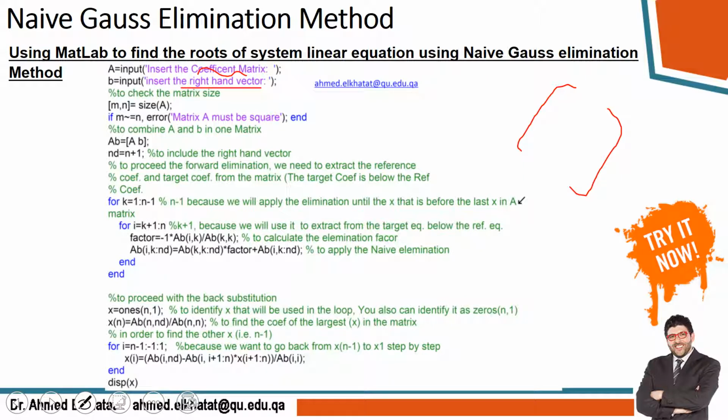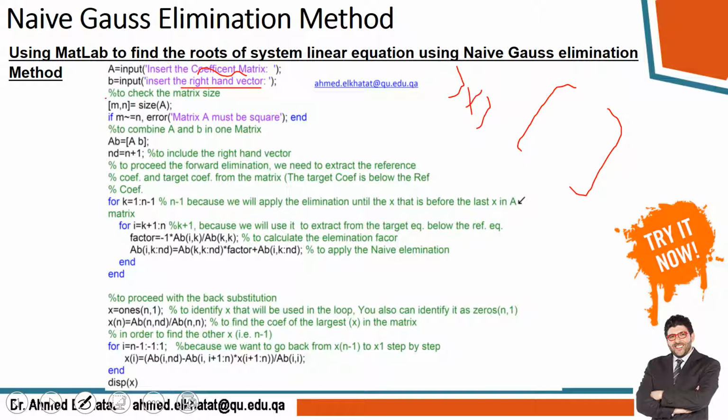So in order to check the matrix, we created M and N equal to the size of A. So now it will check the size of A and put it here as M and N. For example, if I have 3 times 3, M will be 3 and N will be 3 as well.